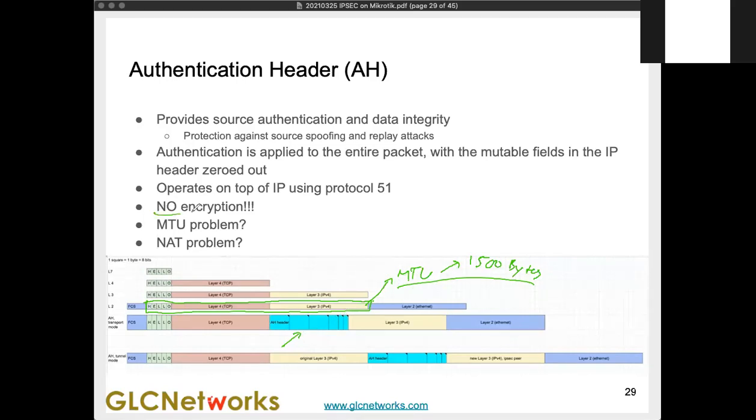So again, if you use AH, there is no encryption, and also an MTU problem.